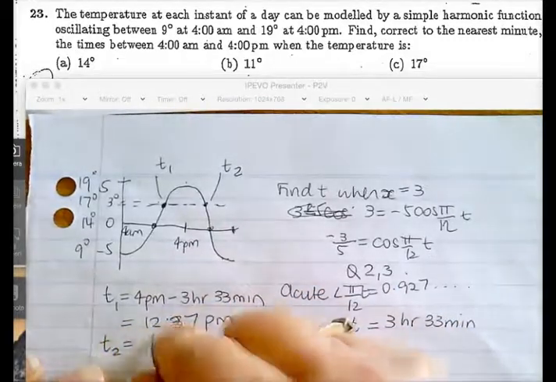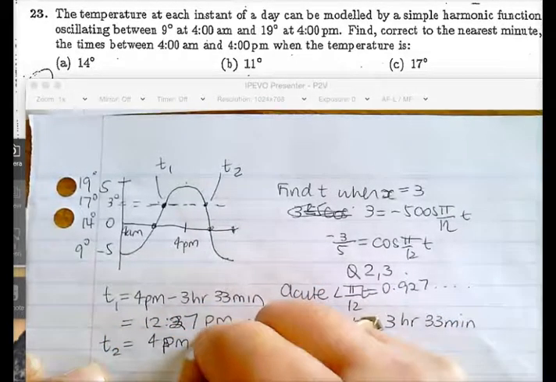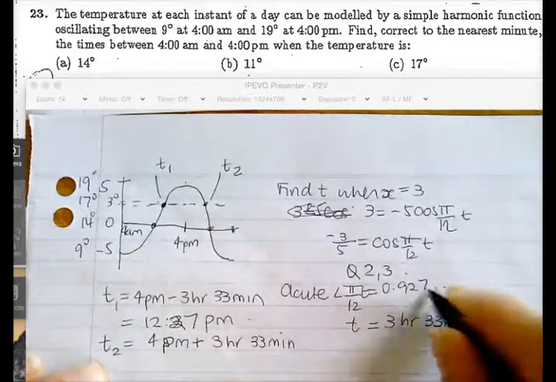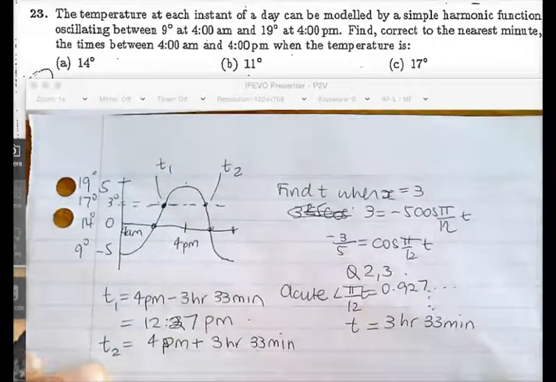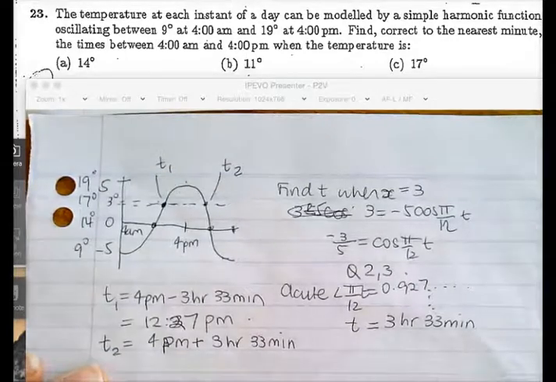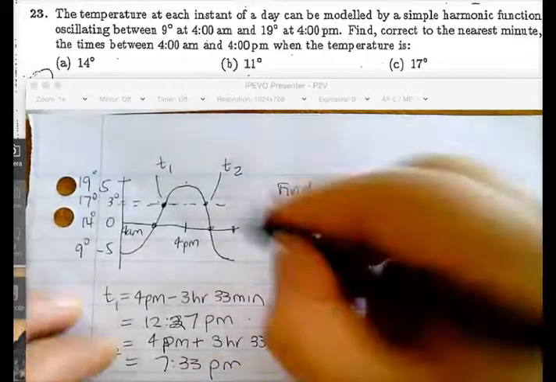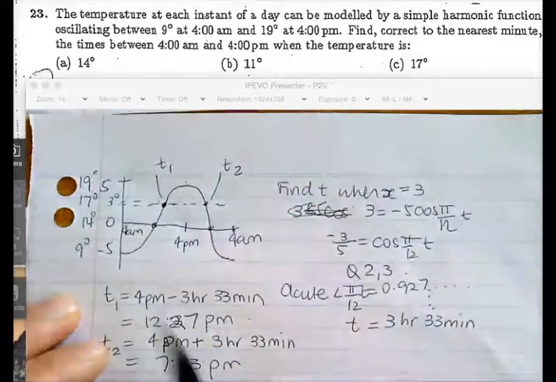And time 2 is 4 p.m. plus 3 hours, 33 minutes. So girls, that's like the part before. And it's 7:33 p.m.